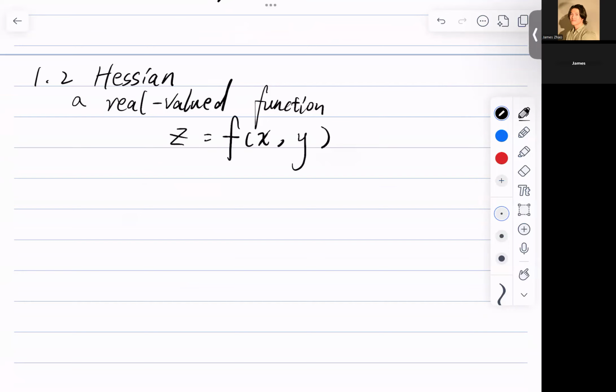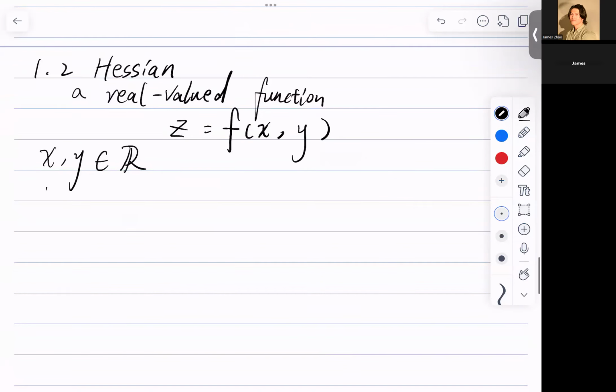And now our function takes in two values, x and y. And x and y are both real numbers. By the way, for people that don't know these mathematical symbols, this little symbol means belongs or is a member of something.